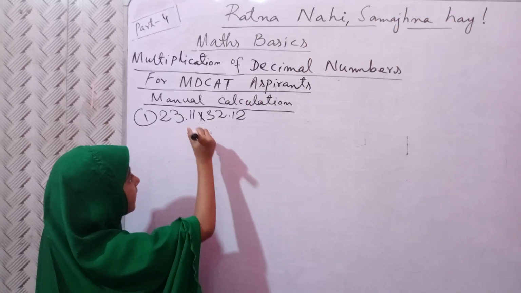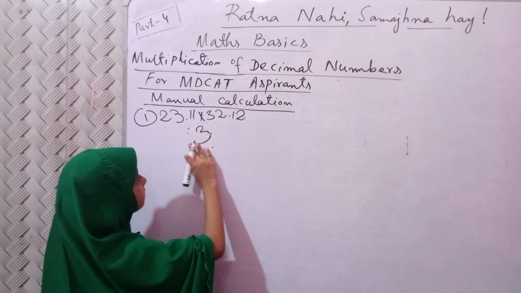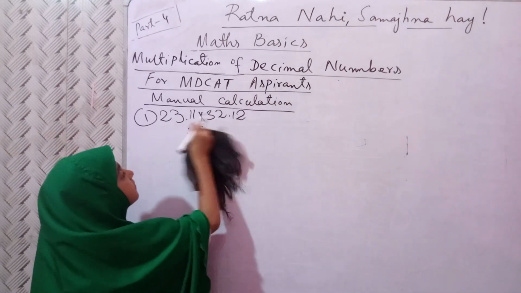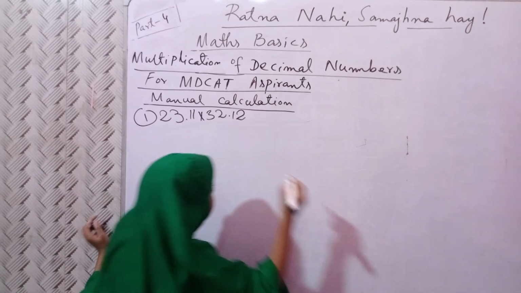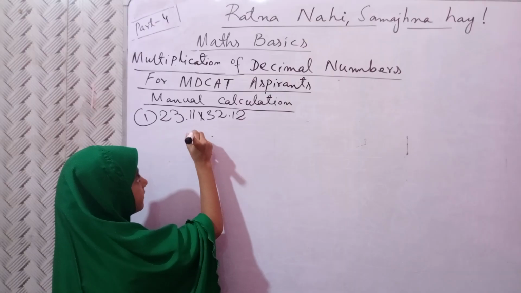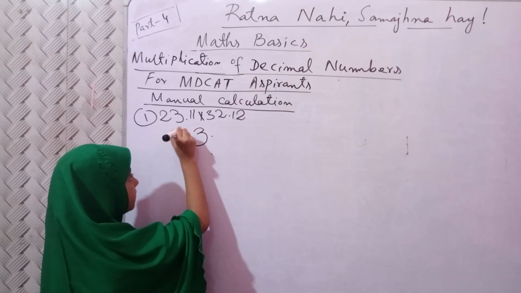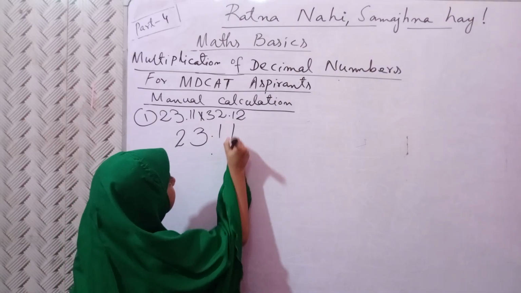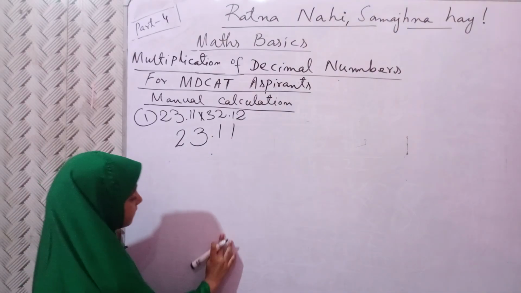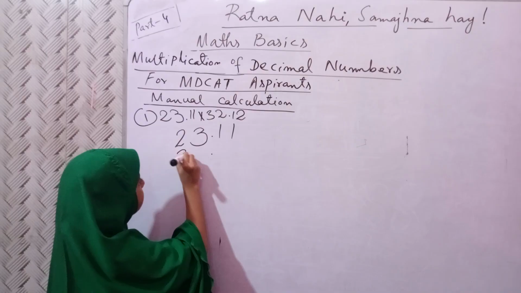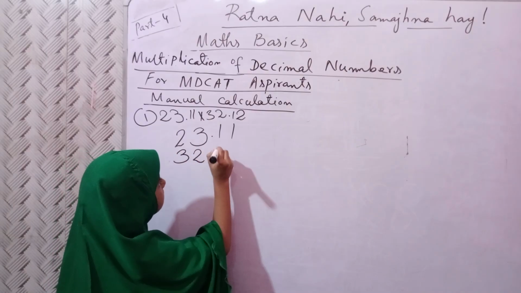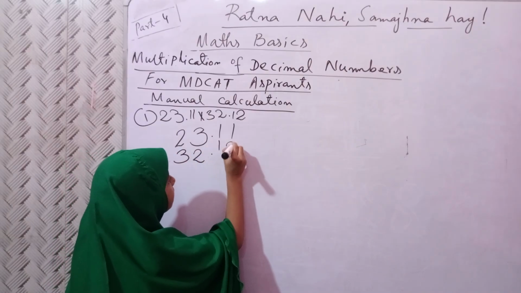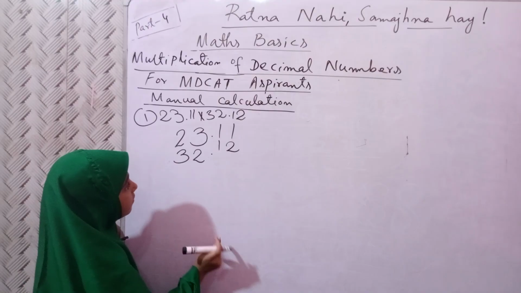First of all, I am writing 3. Wait. Point below point, then 3, 2, 1 and 1, 3 and 2, 1 and 2. Now make a line.